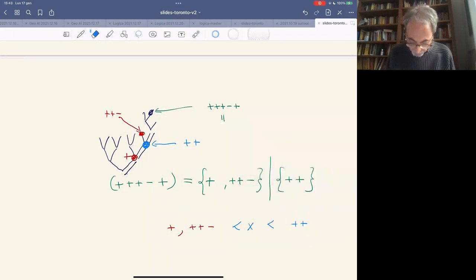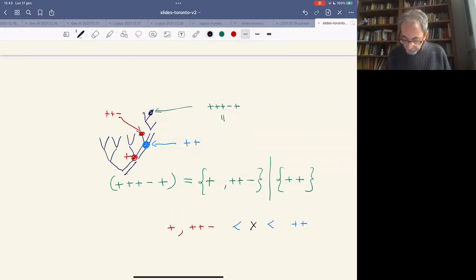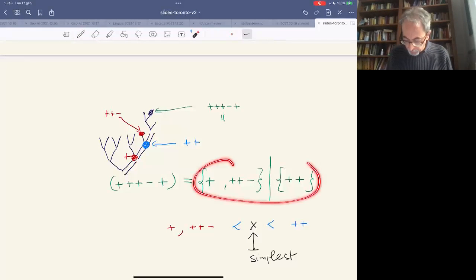Okay, well, not very successful, but this is x. And we are looking for the simplest such x. The simplest one will be denoted by this notation that we illustrated before. And I'm claiming that the simplest is this guy, the black one above.